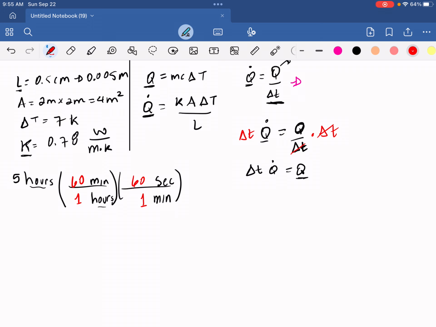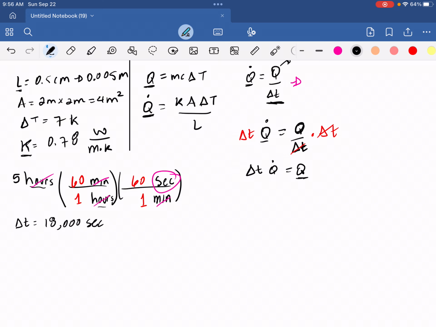So the hours cancel out with these hours, minutes cancel out with these minutes, and I'm left with seconds. Once you multiply 5 times 60 times 60, you end up with 18,000. So my delta lowercase t is going to be 18,000 seconds.